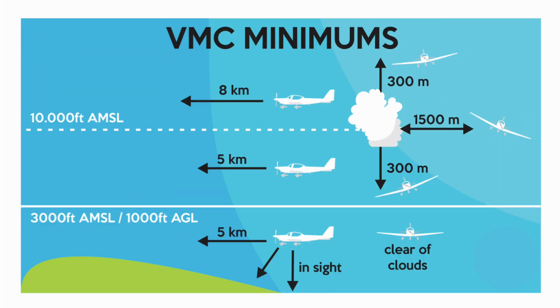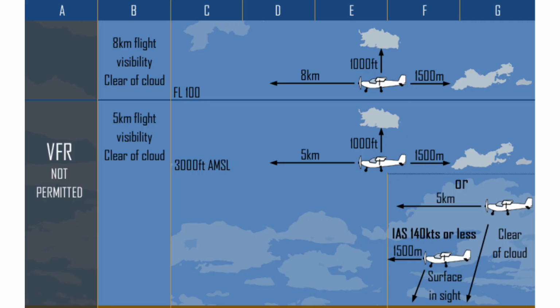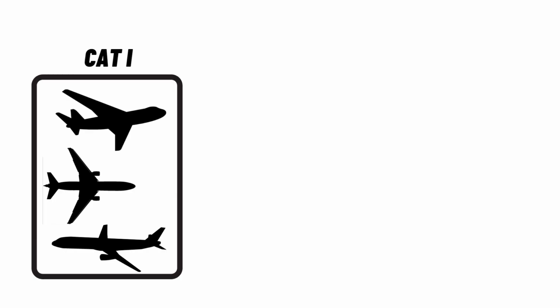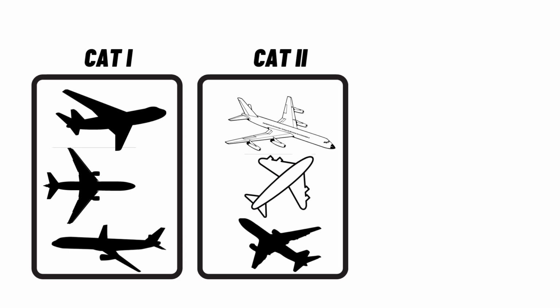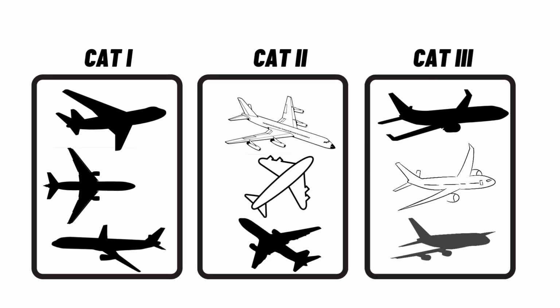The boundary criteria between VMC and IMC is known as VMC minima. VMC minima tends to be stricter in controlled airspace, where there is increased air traffic. Therefore, greater visibility and cloud clearance is desirable. This means that IFR flights should be equipped with instruments and navigational systems for the flight path. Now, aircraft are divided into different categories depending upon their performance and equipped instruments, such as Category 1, Category 2 and Category 3.